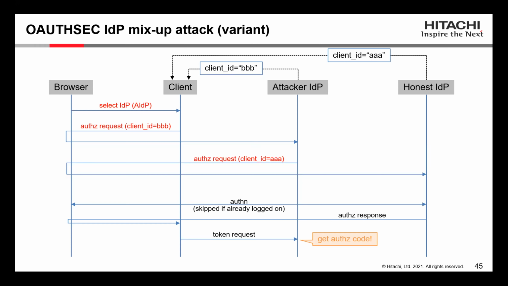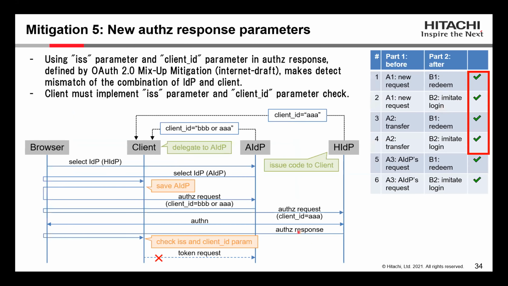And the last question would be, you said that in mitigation 5, when the issuer is returned from the authorization response, does the client actually have to check the client ID? I don't think so.